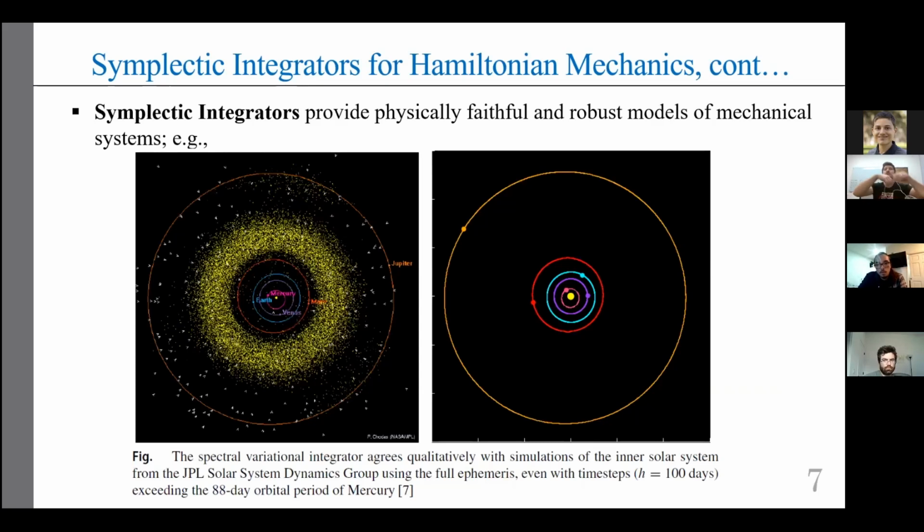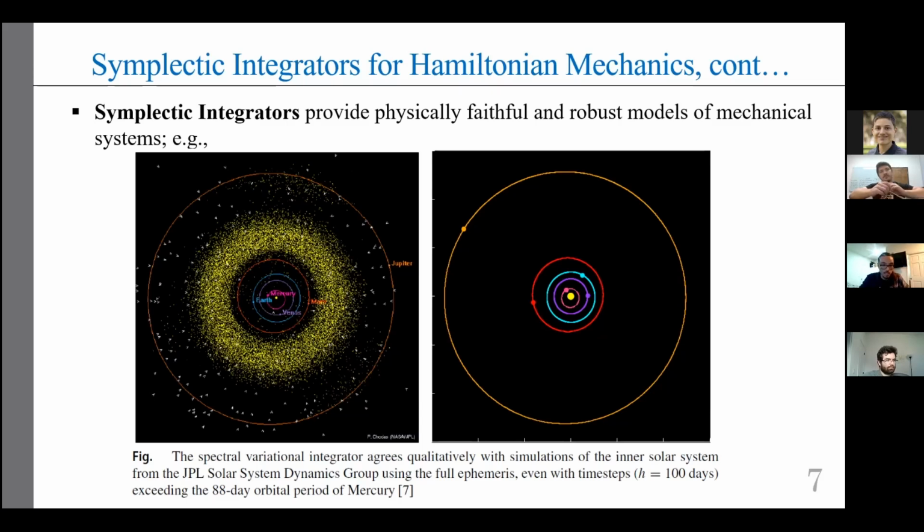All right, so symplectic integrators have been extensively studied in the literature, and they've been shown to provide very physically faithful models of mechanical systems. In these plots, the left is a simulation of the inner solar system from NASA and JPL, and the right is a similar simulation produced from a run-of-the-mill symplectic integrator. What they found in this paper, my advisor's paper, is that the dynamics match extremely well.